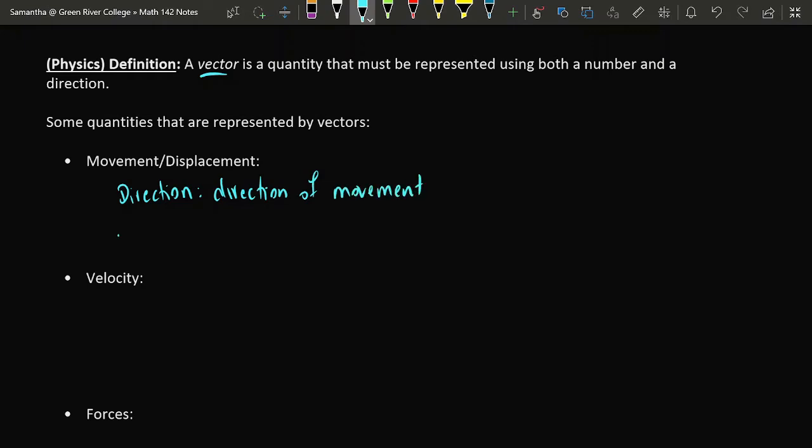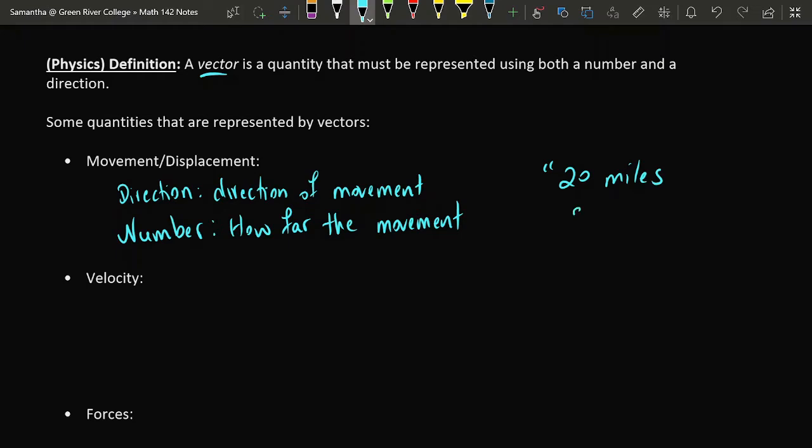And the number is used to communicate how far they are traveling. If I was describing the movement of an object or of a person, it would not be unusual for me to say something like 20 miles southeast. The 20 miles is the number communicating how far the movement was, and southeast was the direction communicating the direction of movement.